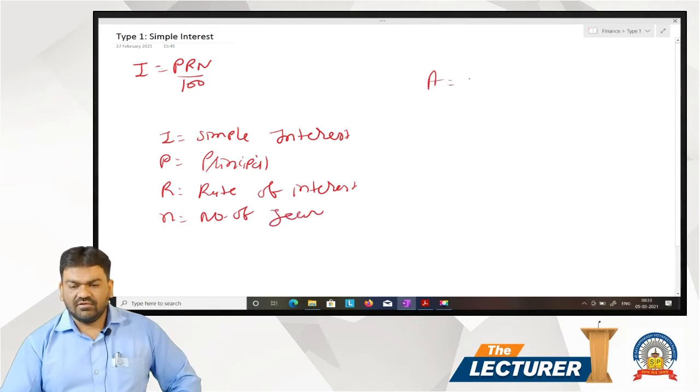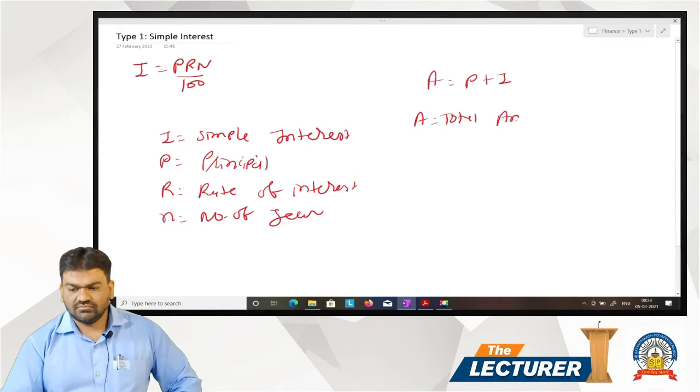A is equal to P plus I, where A is equal to total amount, P means principal, I means interest.